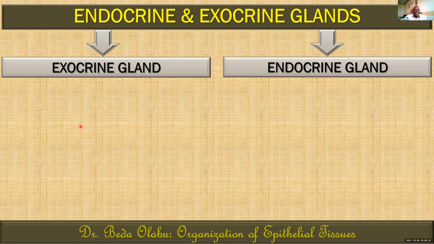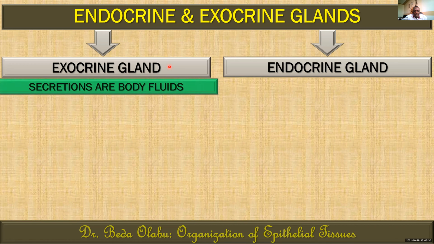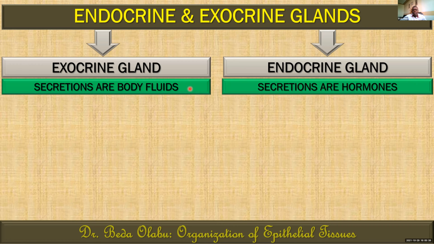When we talk of glands, there are two types of glands. There are those that we call endocrine glands, and there are those that we call exocrine glands. The exocrine glands produce body fluids into a ductal system. Endocrine glands produce hormones into the bloodstream.